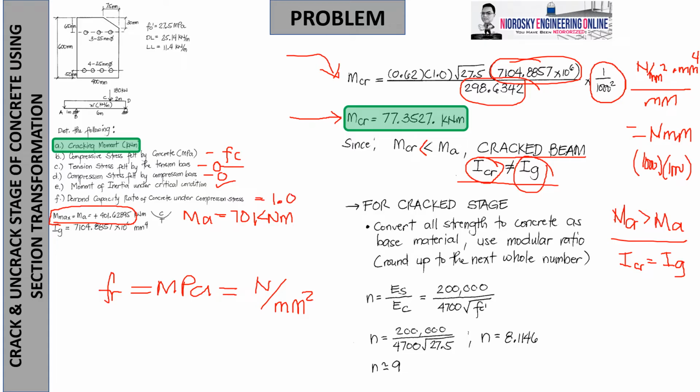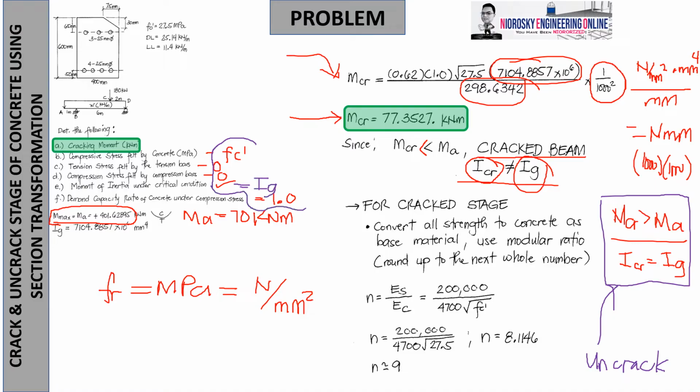This set of answers that I am showing you with FC, if you get it as FC prime, is also the answer, if and only if you are under the uncracked condition. So these are our answers, and this will be IG, when the beam is uncracked.